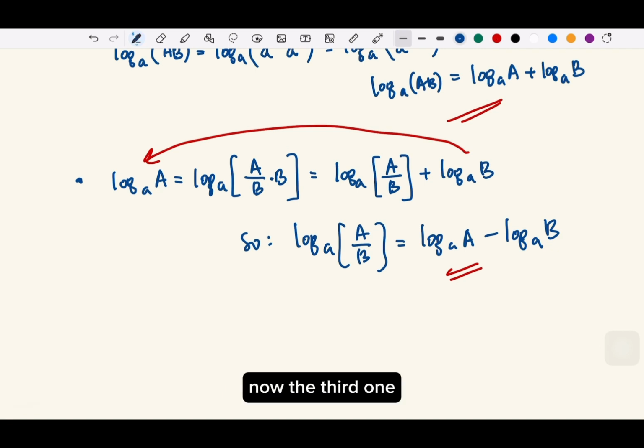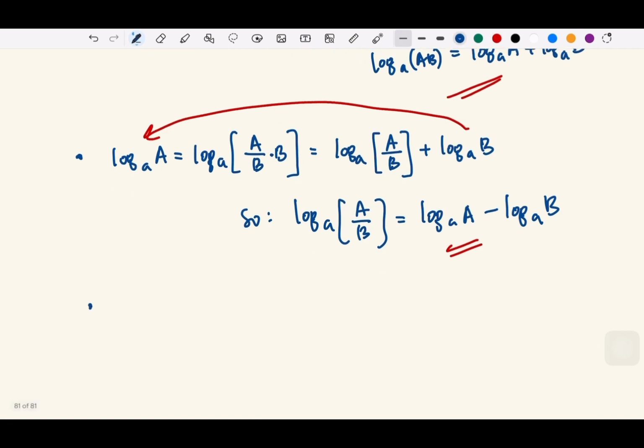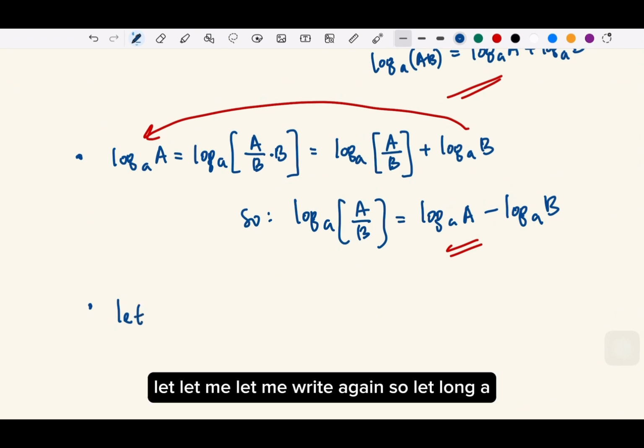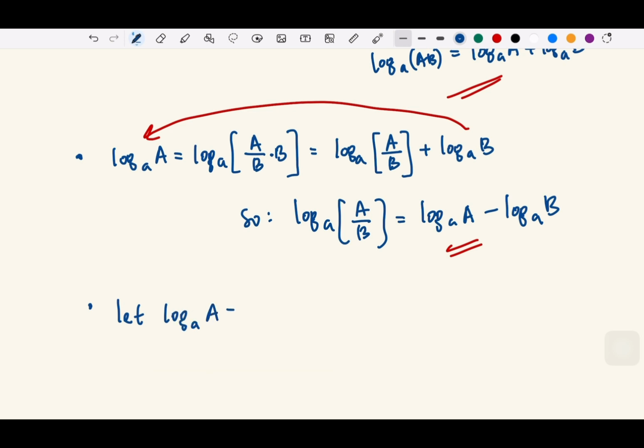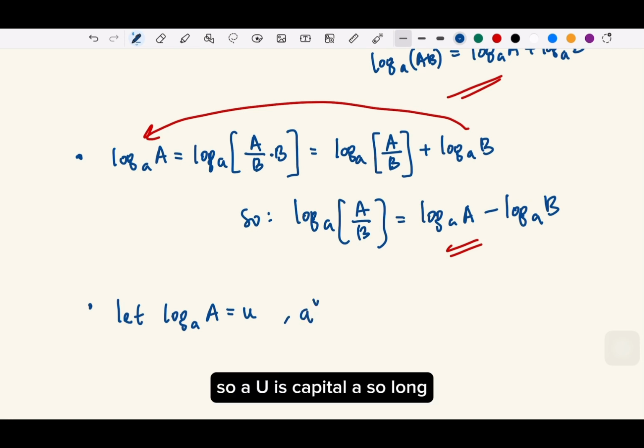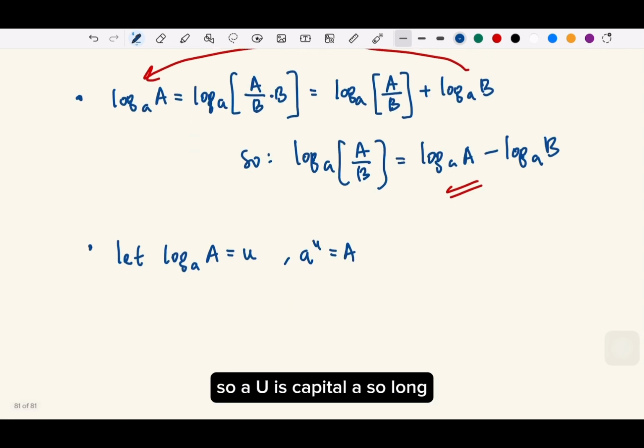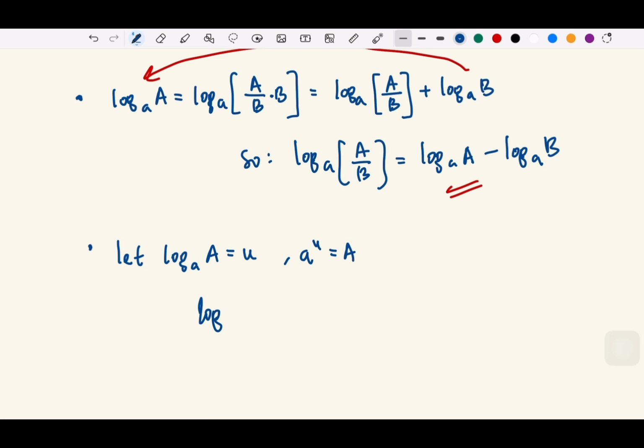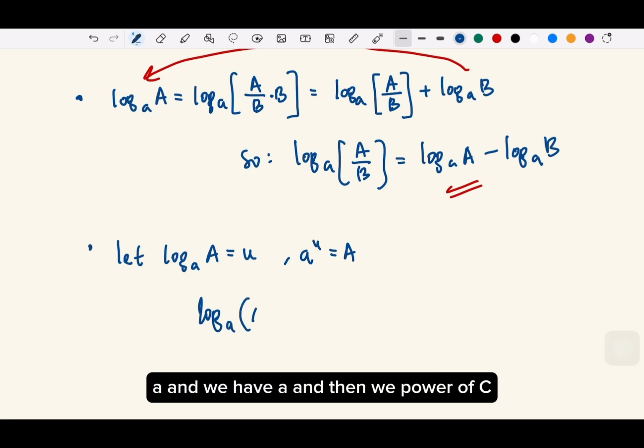Okay, now the third one. Let me write again. So let log a of A, where a to the u is capital A, and we have A with power of c.